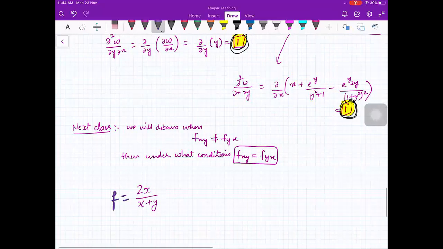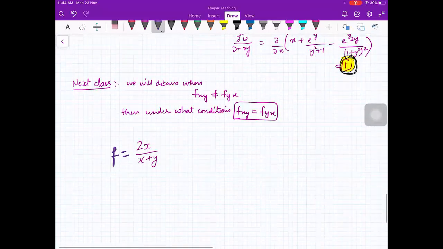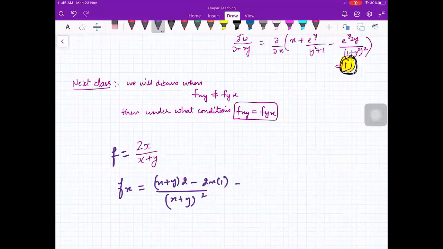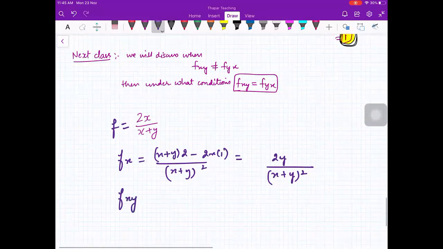This is your f. So what will be your fx? That will be x plus y square, x plus y into 2 minus 2x into 1. That is your 2y upon x plus y whole square. And what will be your fxy? In this case, I think you will get the same. So this will be curly by curly y of 2y upon x plus y whole square.